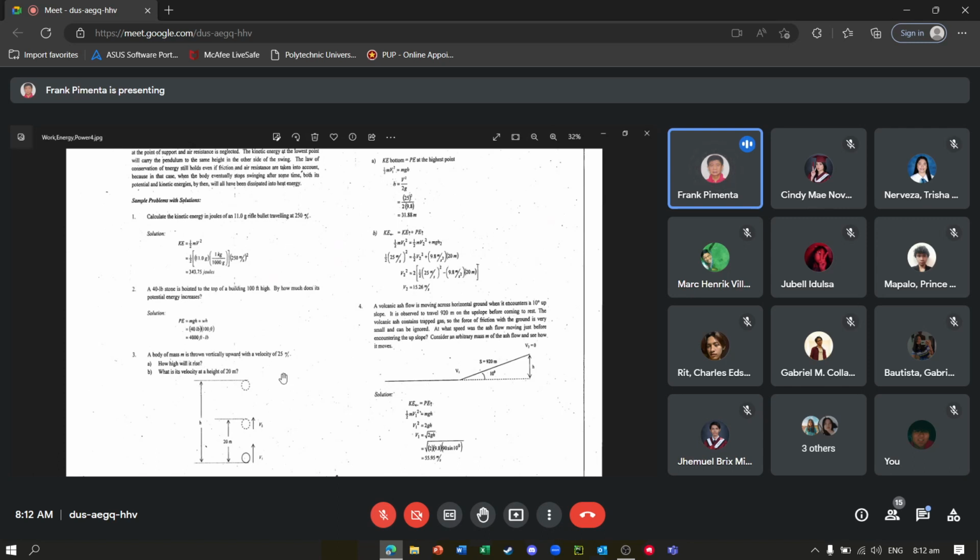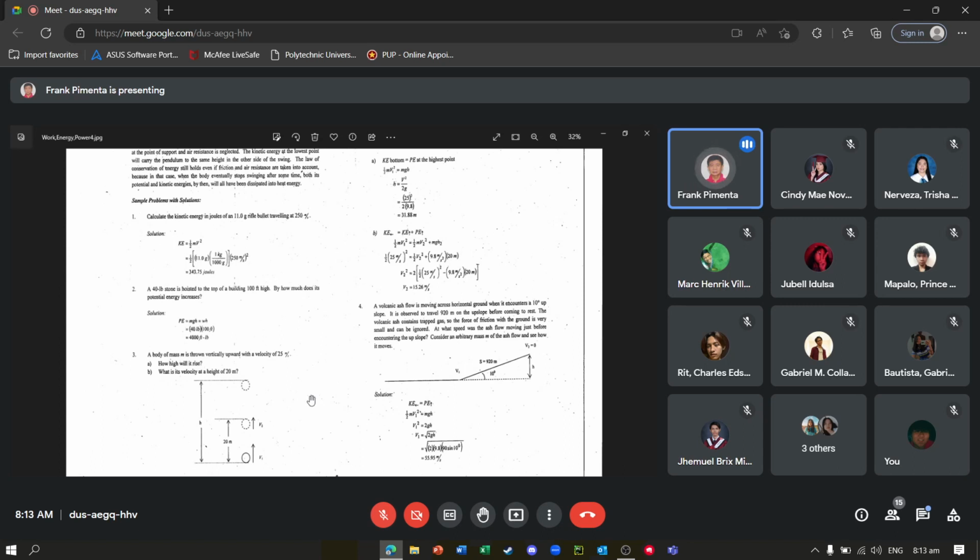Required: A, how high will it rise? This is h. And B, the velocity at a height of 20 meters. So v sub 2 is the question mark. So this is the required data.